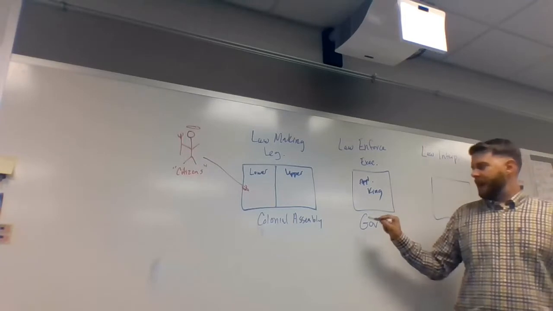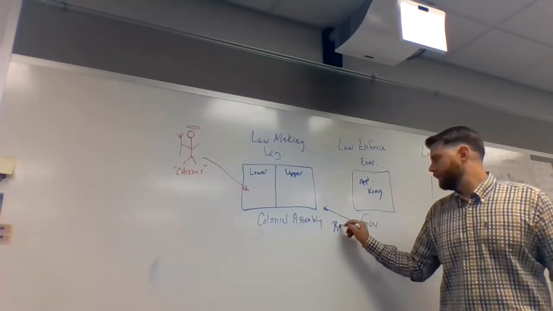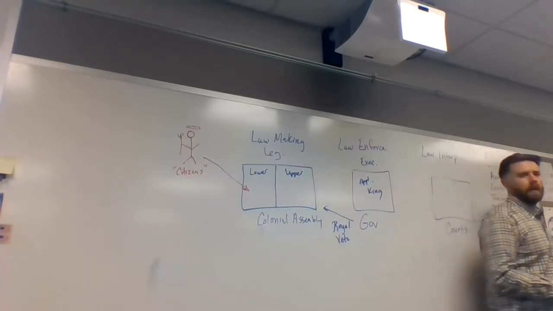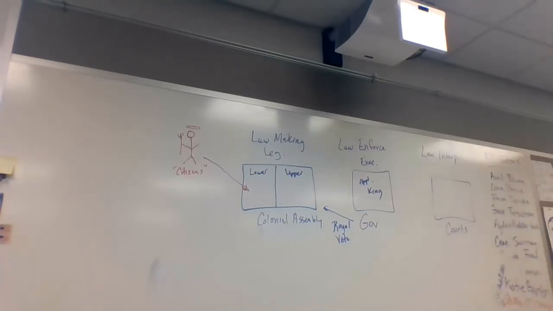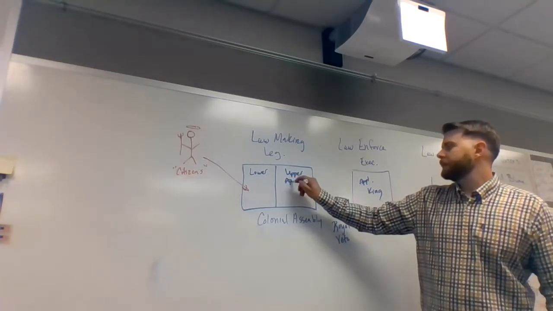The governor had a check called the royal veto. What's it mean to veto a law? To not accept it. So the colonial governor could veto any law passed by the legislative assemblies, okay? Additionally, the governor filled the upper house.